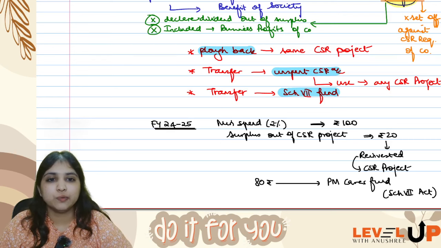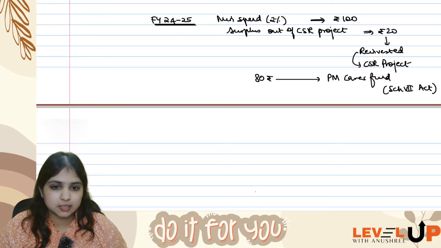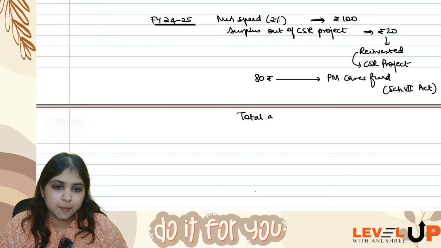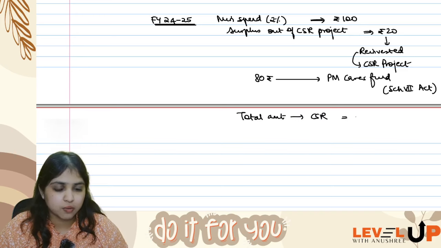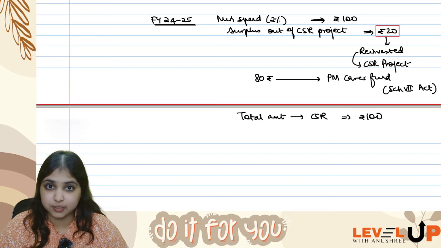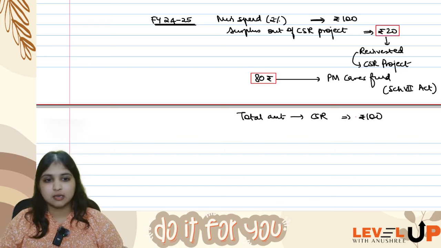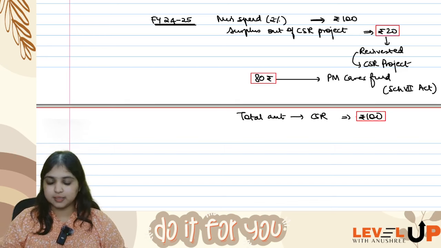Now what is the total amount which the company has spent on CSR? Total amount spent on CSR in the current year is 100 rupees. This 20 rupees was spent on CSR, and this 80 rupees was also spent towards CSR. So total 100 rupees is spent on CSR.